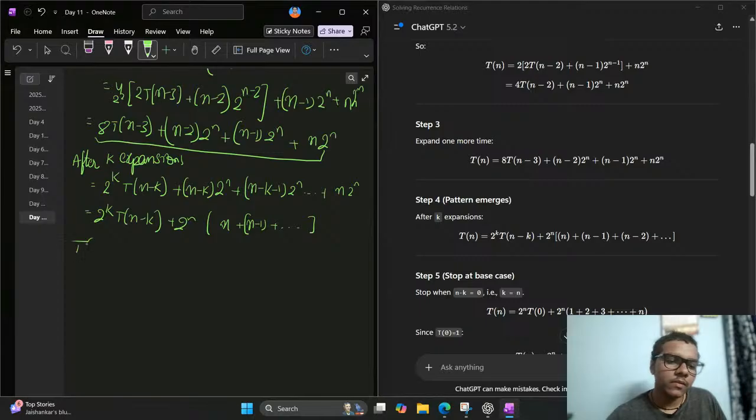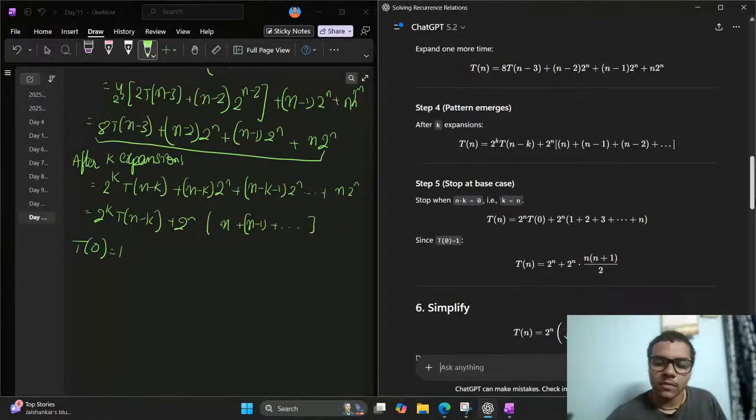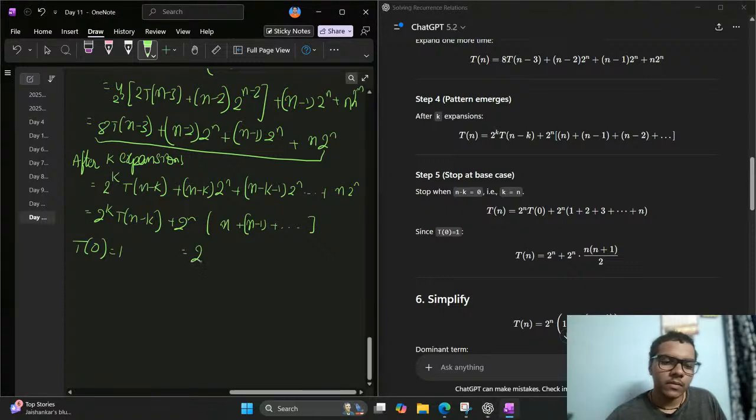Since we know T(0) equals 1, it will be 2 power n plus 2 power n into n(n plus 1)/2.